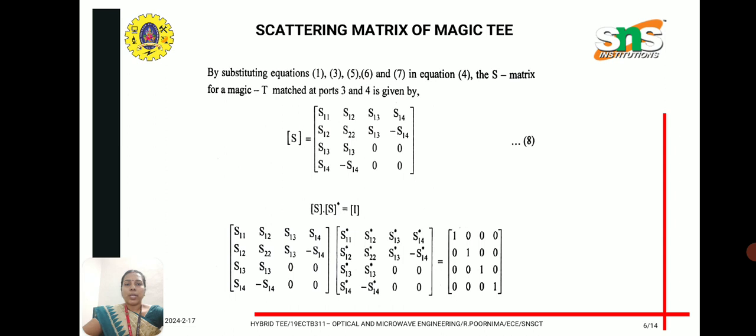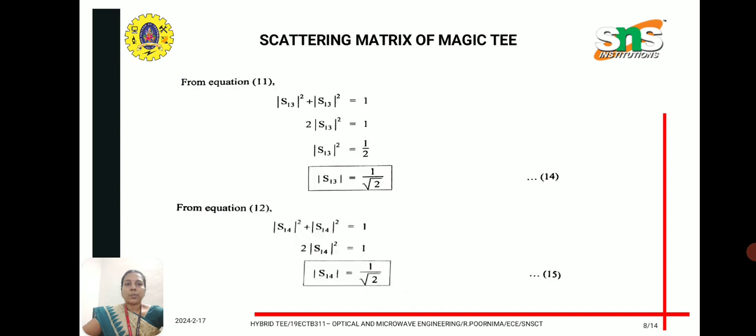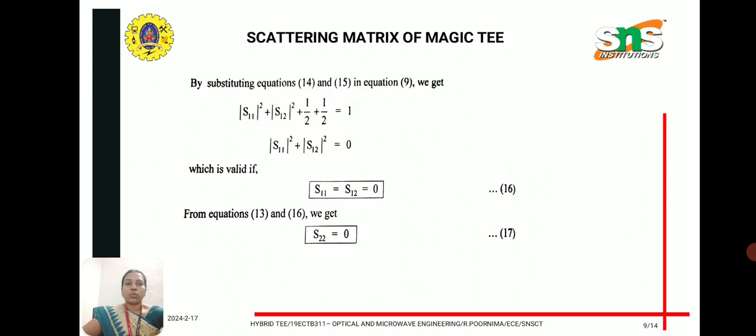Finally, we are applying the unity property for the magic T S matrix. We solve the unity property row wise for each row and column, and we get the S matrix values. For S13 we get 1 by root 2 and for S14 we get 1 by root 2. After substituting these values, S11 and S12 become 0. This is a very important answer.